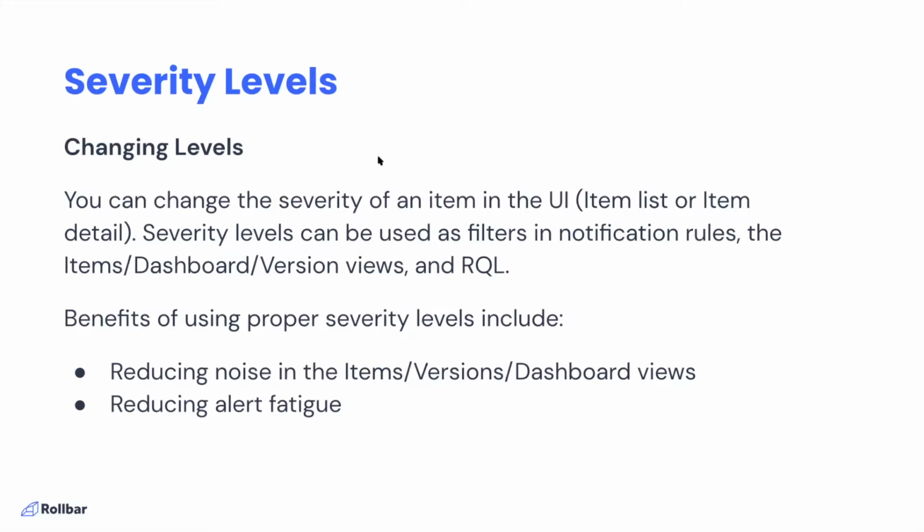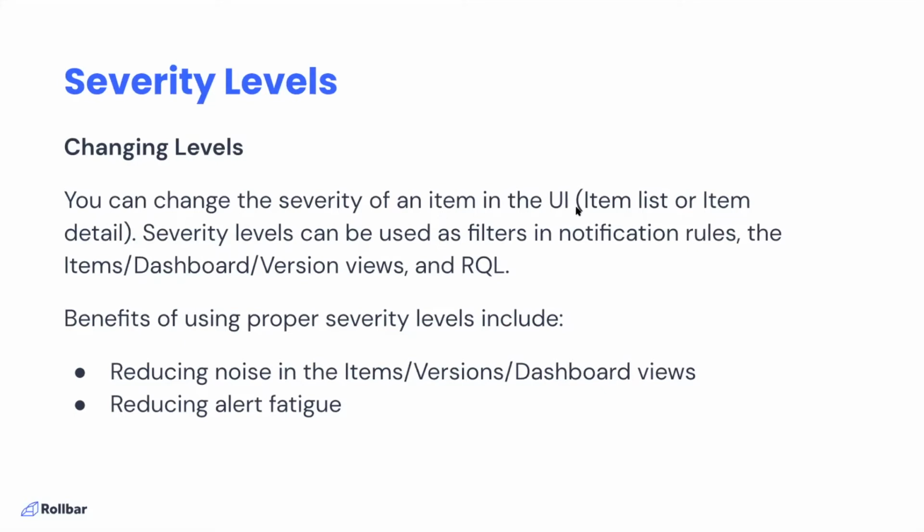So levels can be changed in the UI. I think that's the place that most people do it. You can actually manipulate the code to send an event with a different level, and that's only going to be respected in the case that it's the first event of an item.